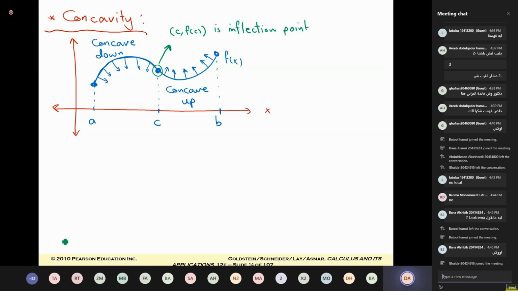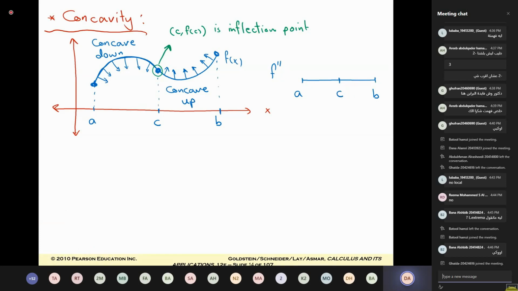How can we find the concavity? We can find the concavity by the second derivative. So we need to find the second derivative from A to B, for example, or from minus infinity to infinity, and find the critical points of the second derivative.